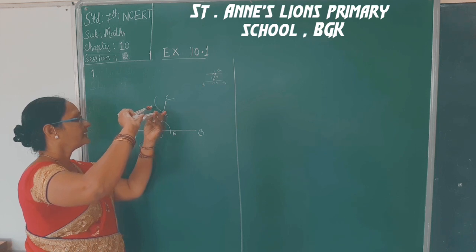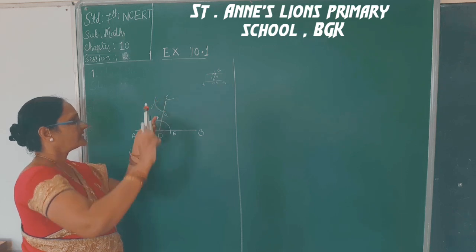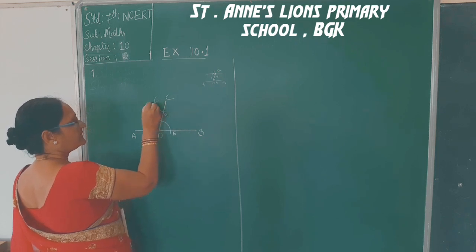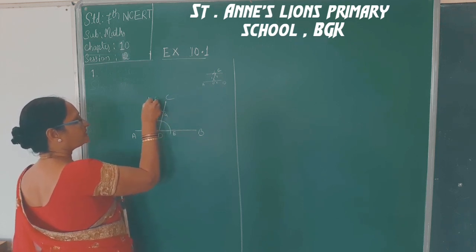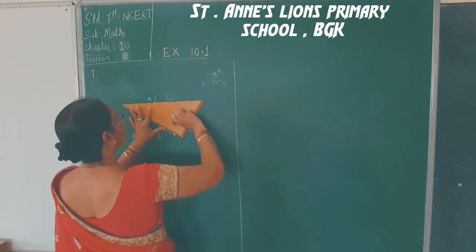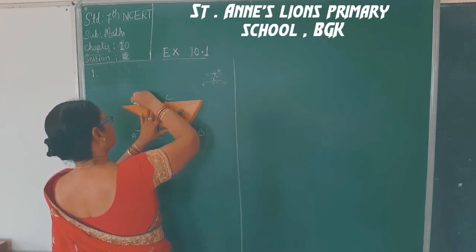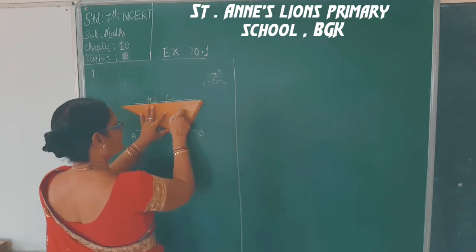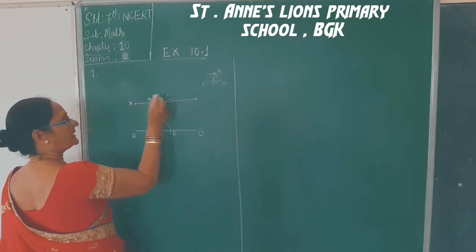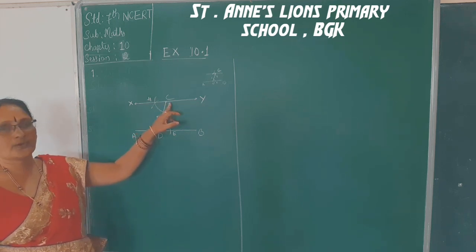The arc is cut at point H. Now we join H and C and extend. H and C are on the same line, so we extend that line. If this is AB, we call this XY. Now AB and XY are parallel lines through the given point C.